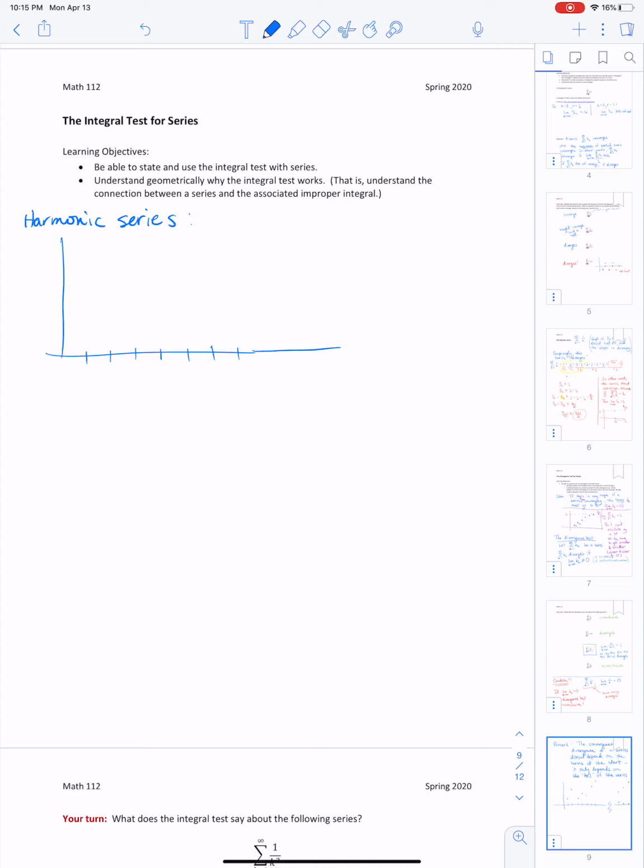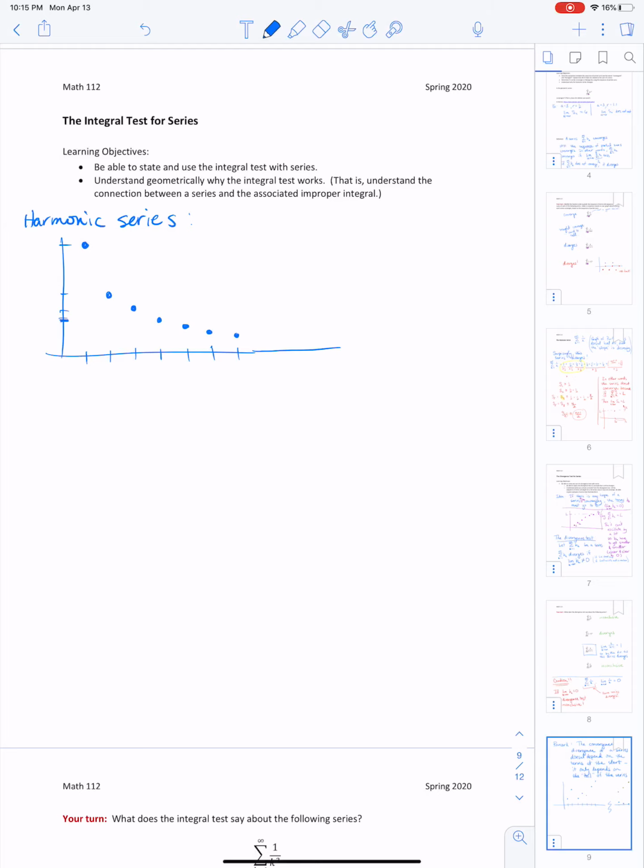And in fact, okay, so 1/2, 1/3. So we've got 1, 1/2, 1/3, 1/4 is about maybe right here, and then 1/5, and so on. And this is decreasing here.